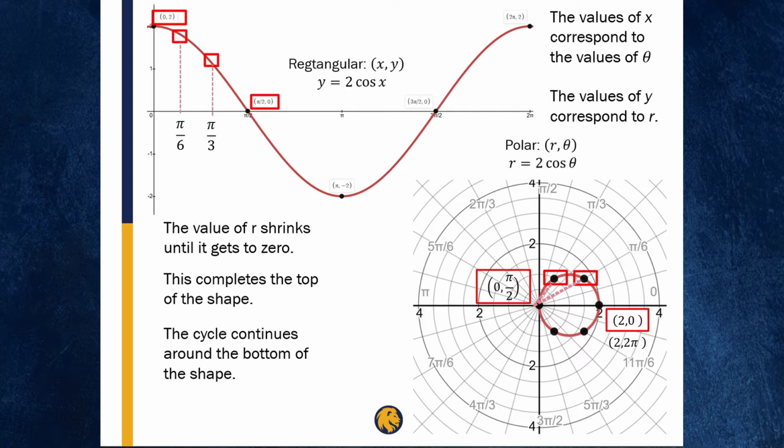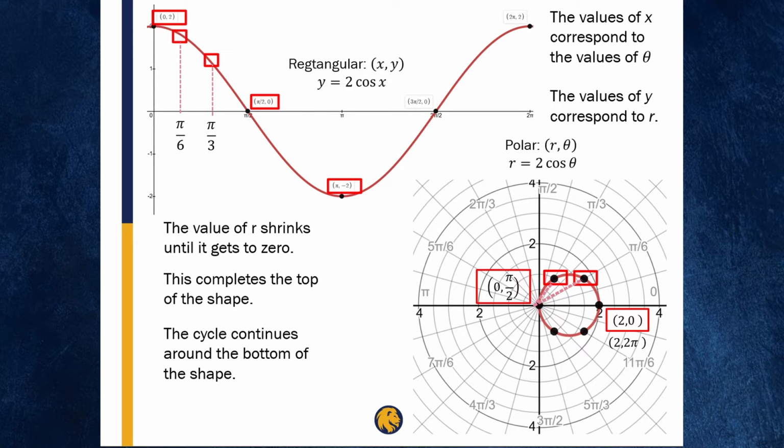And this also corresponds to the point pi over 2, 0 in the rectangular graph. So we can follow the rectangular graph as the values of r shrink from 2 all the way to 0, and relate that to the shape of the curve in the polar graph as it starts from r equals 2 and shrinks down to r equals 0 as the angle varies between 0 and pi over 2. And this cycle will continue as we follow along the rectangular graph, and that creates the bottom of the shape in the polar graph.